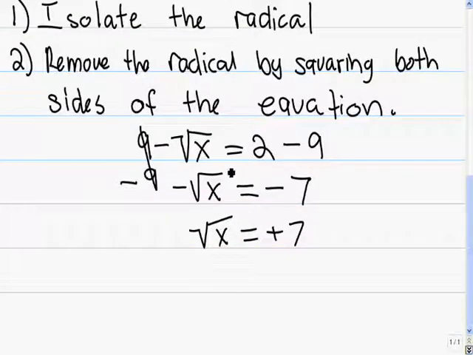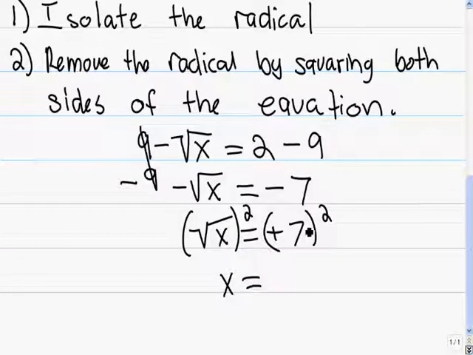So now, once I've isolated the radical, got it by itself on one side of the equal sign, I remove the radical by squaring both sides of the equation. So I'm going to square both sides. That's going to give me the square root of x squared is x, and 7 squared is 49.